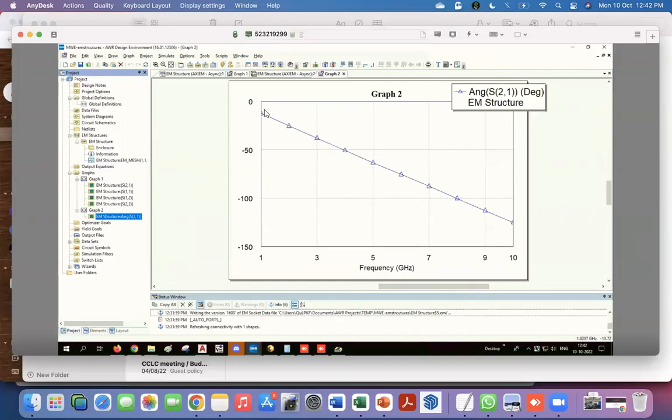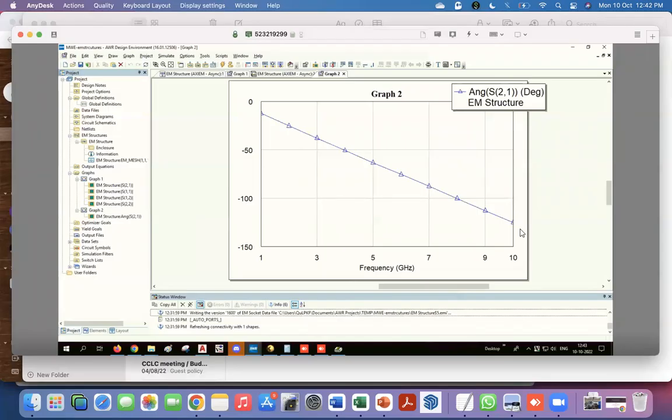And you see this phase continuously increasing from some low value close to 0, some negative value around -120 degrees. This is because for the same physical length, the higher the frequency, the smaller the wavelength.